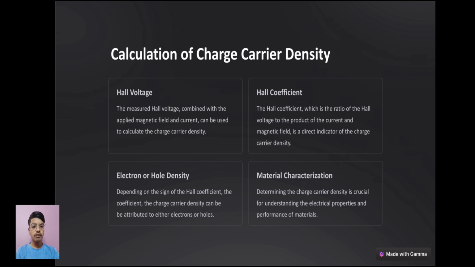Depending on the sign of the Hall coefficient, the charge carrier density can be attributed to either electrons or holes. Material characterization. Determining the charge carrier density is crucial for understanding the electrical properties and performance of the material.